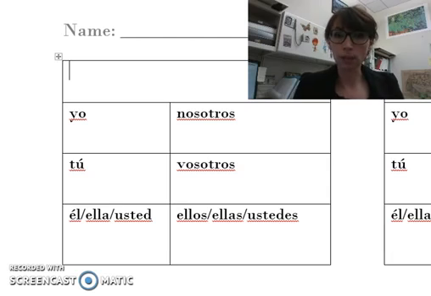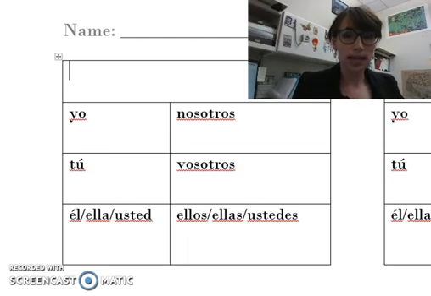Sometimes the simple way to use them is when we want to just use the infinitive, the unconjugated form of the verb. If I were talking about my day tomorrow, I could say, mañana voy a levantarme a las 6. Tomorrow I'm going to wake up at 6. That's easy. I didn't have to conjugate it. The only thing I had to do was say levantarme instead of levantarse, because I'm talking about getting myself up.